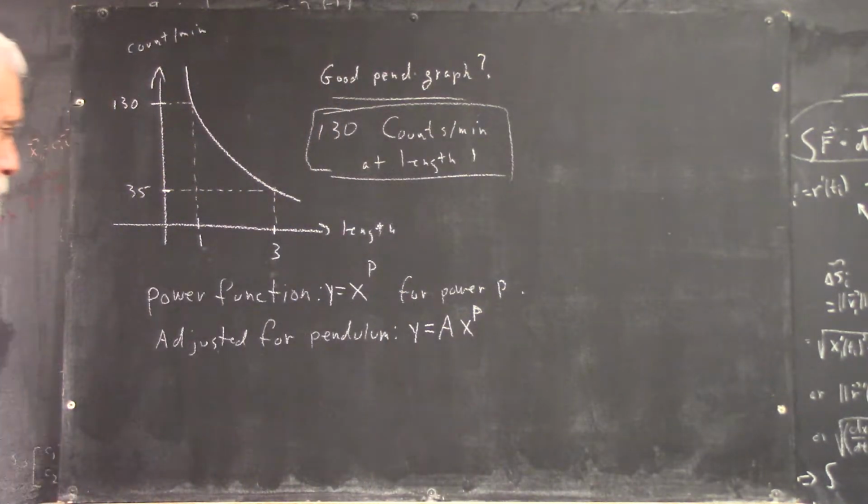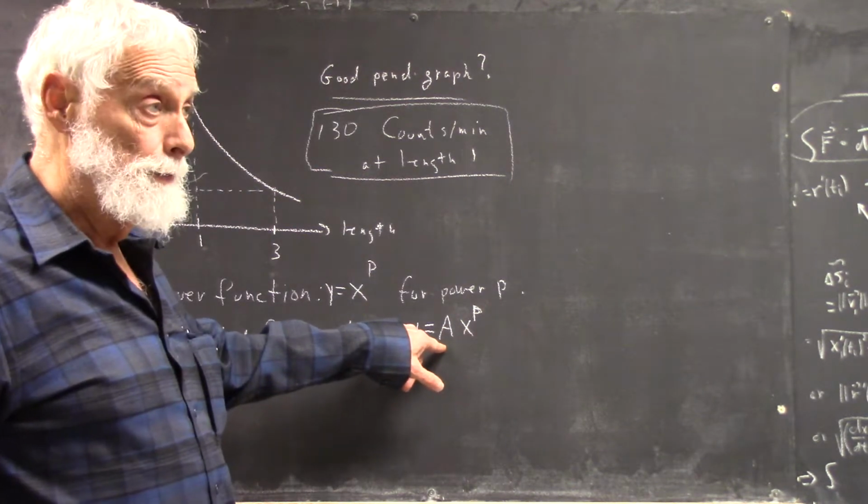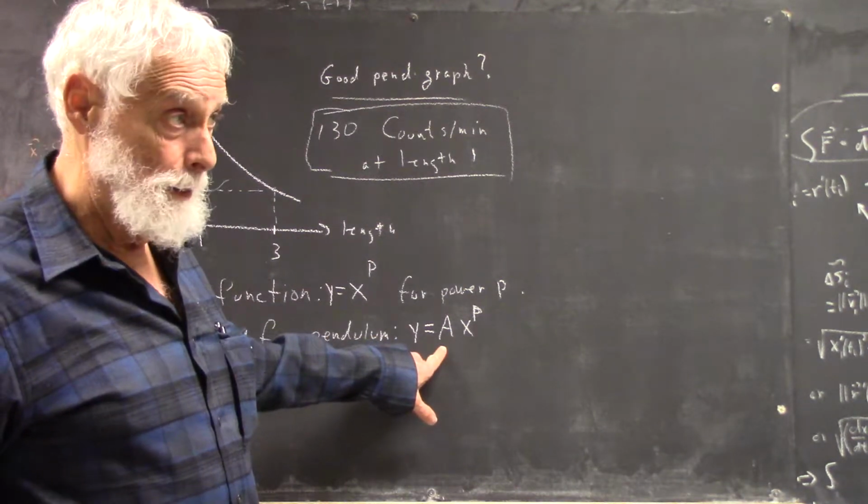Your adjusted power function for the pendulum would be y equals ax to the p, where a is some number you have to determine. Okay?